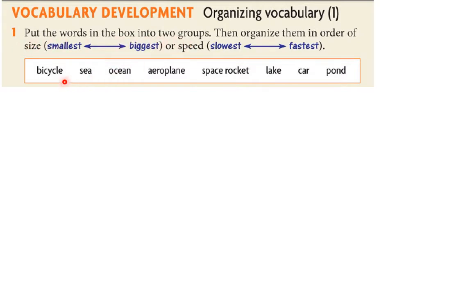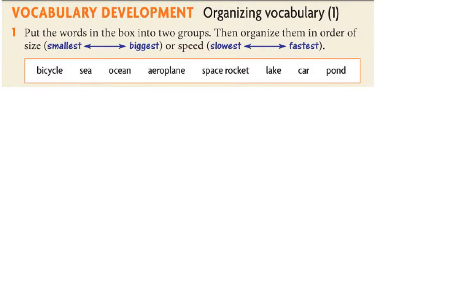So we have some words in this box. It is required to put them in two groups, group 1 and group 2. Then organize them in order of size, from smallest to biggest, or order of speed, slowest to fastest.